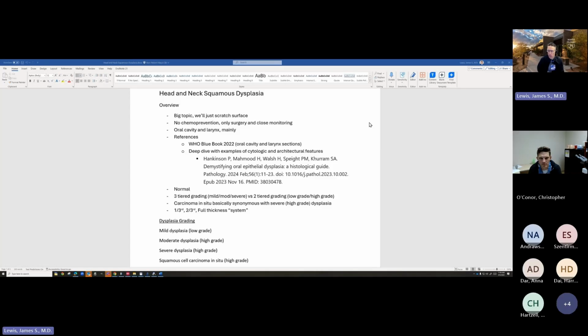I often refer back to the WHO Blue Book. There's a section in oral cavity and a section in larynx on precancerous lesions that I think is helpful. There are images and some whole slide images.